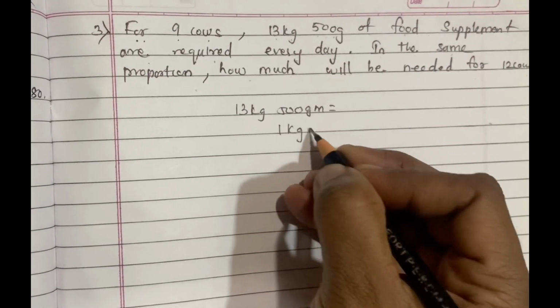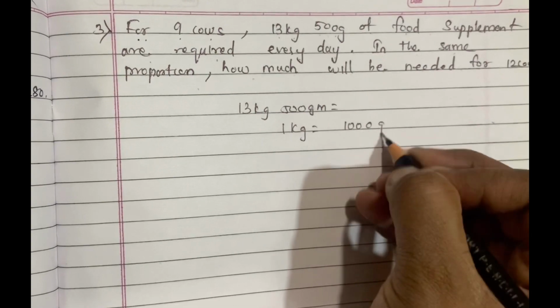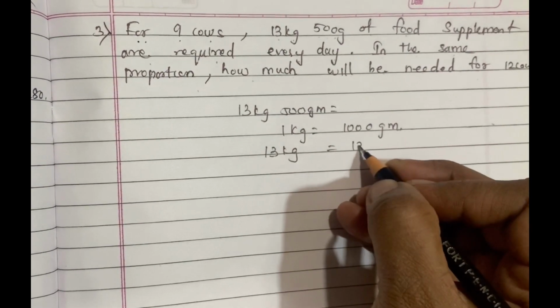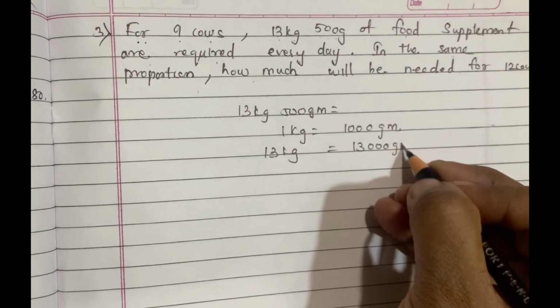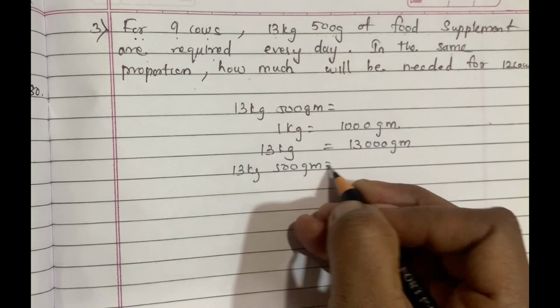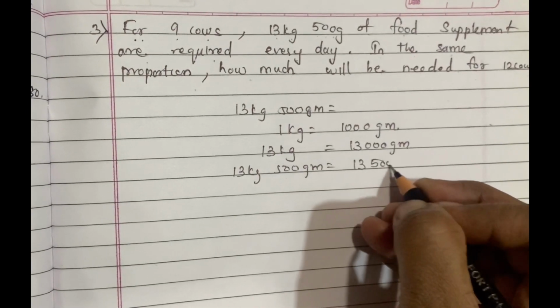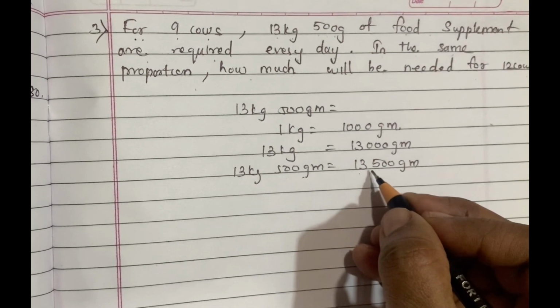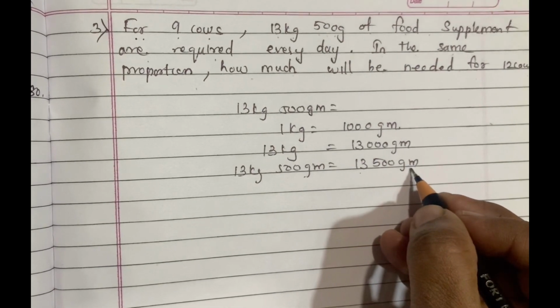Now 1 kg is how much? 1000 gram. So 13 kg will become how much? 13,000 gram. So 13 kg 500 gram will become 13,500 gram.